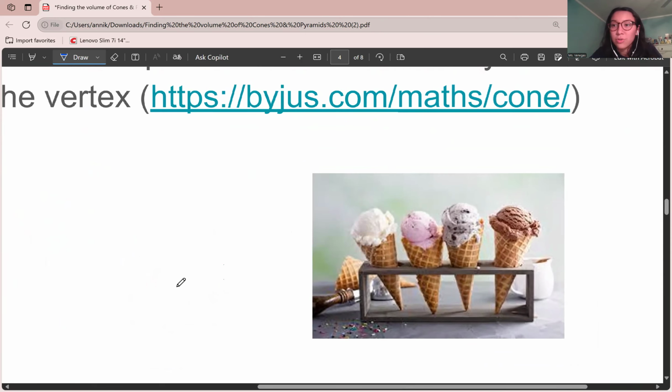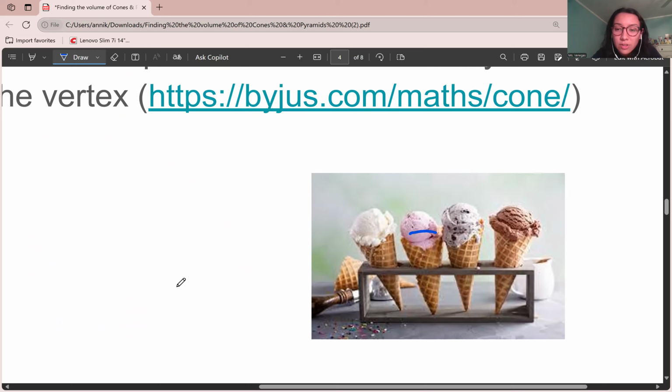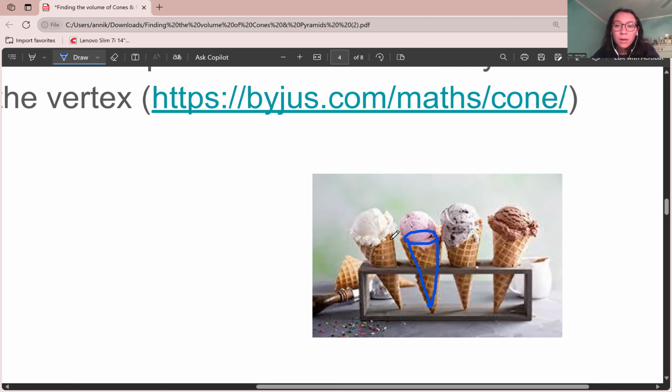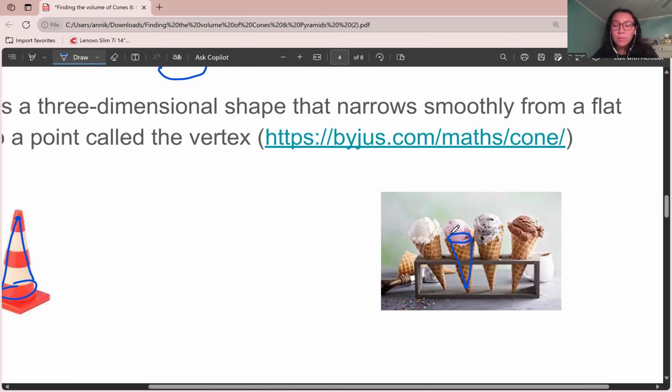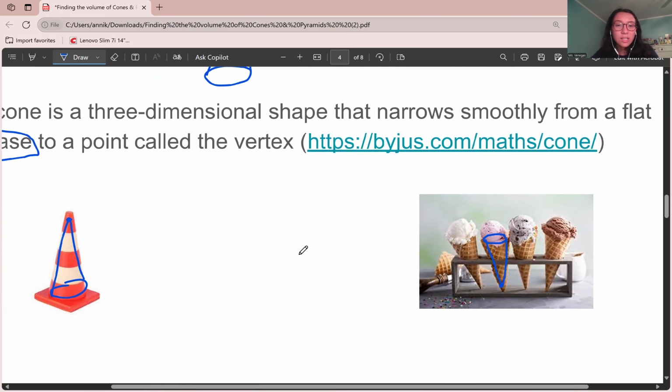I certainly do. So we have that circular base, it's a little upside down in this case, but we still have that vertex here, the tip top point. So those are two examples of real life cones.